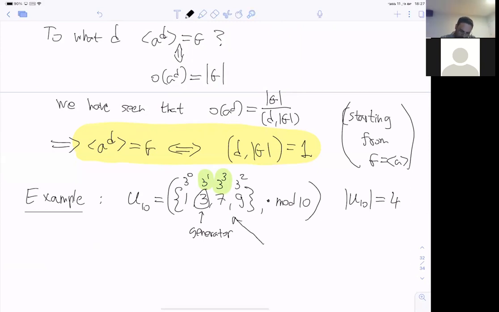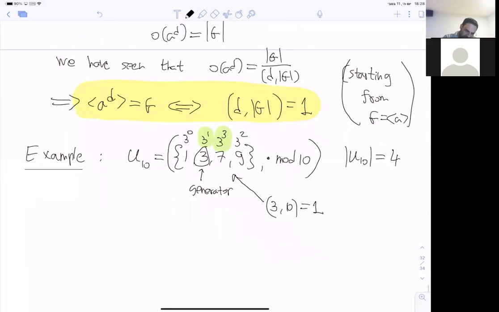Because 3 is co-prime to 4. But 3^2 is not a generator, because 2 is not co-prime to 4. So this U10 can also be generated by 7.